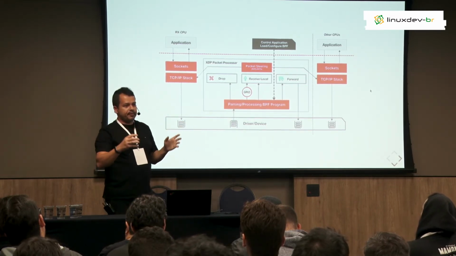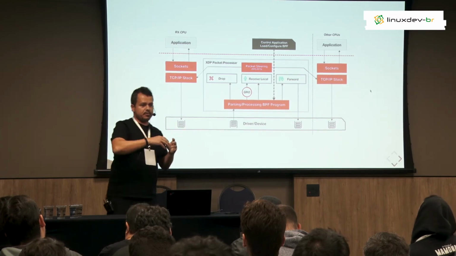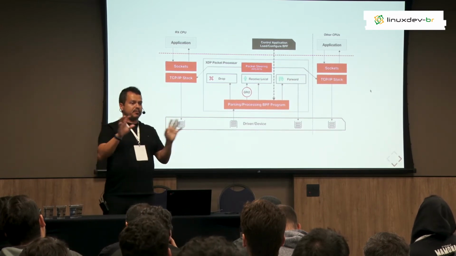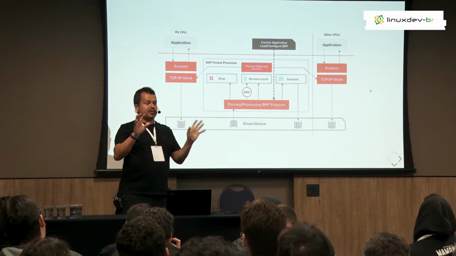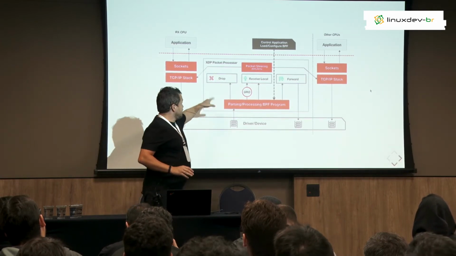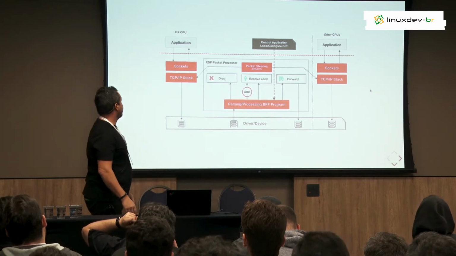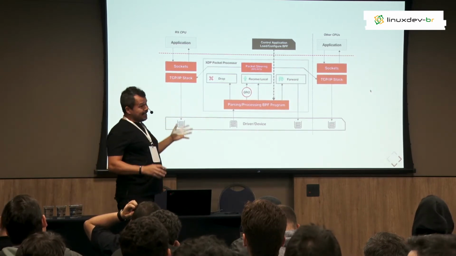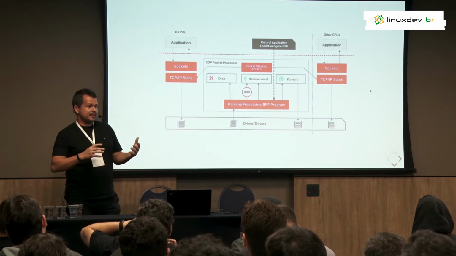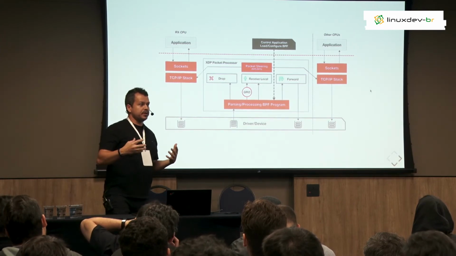You say, if the packet looks suspect for some reason or whatever, you drop it immediately, or you can forward it to another thing. So it's kind of like a bypass, but it's not exactly a bypass. It's like glue code.